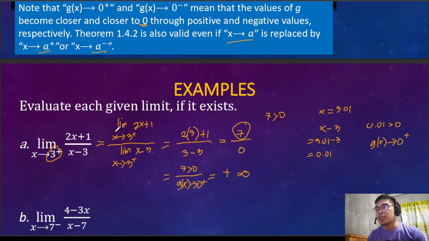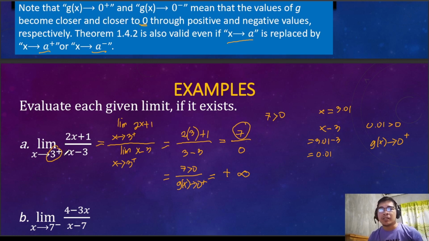To review, first you need to identify if the numerator, the value or the constant, must not equal 0, and if it is greater than 0 or less than 0. Then next, if the denominator is 0, we identify if it is from the right of a.